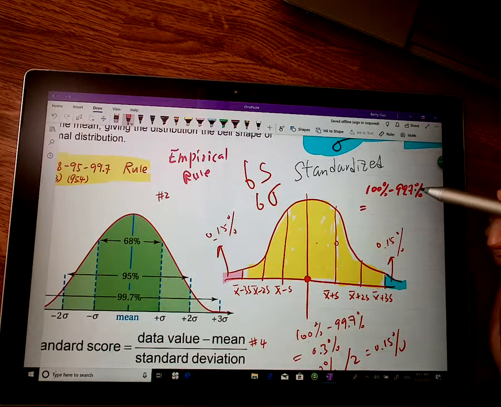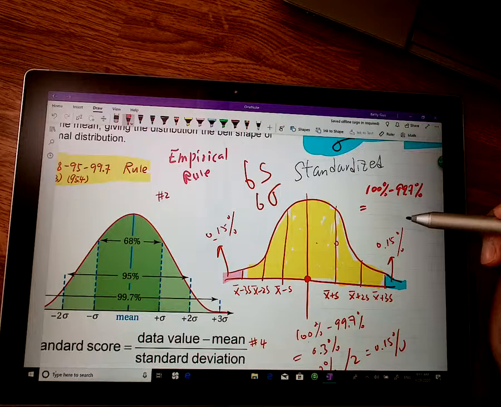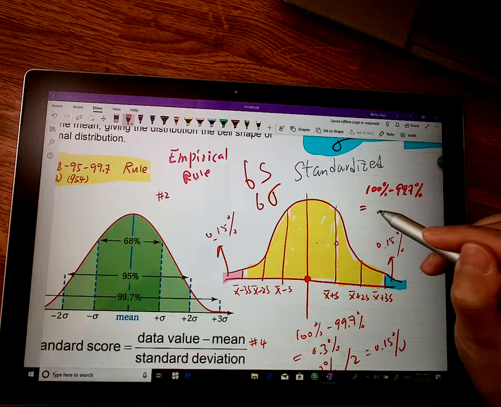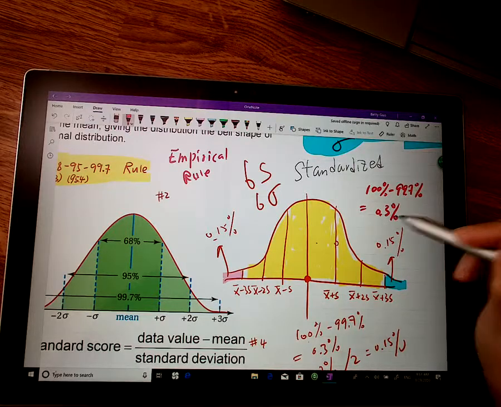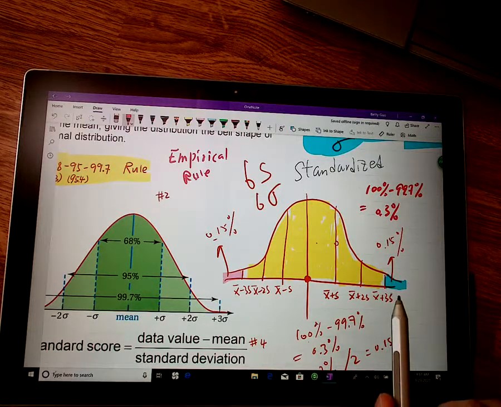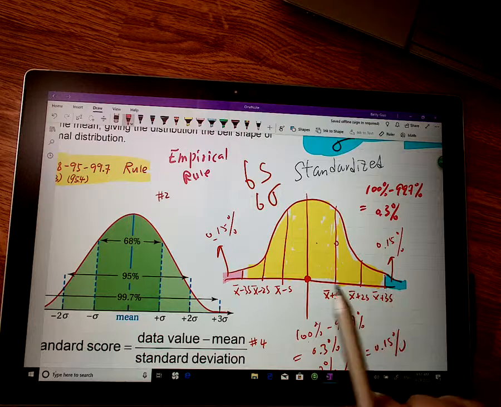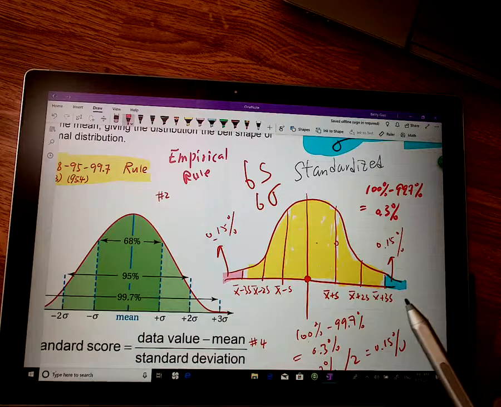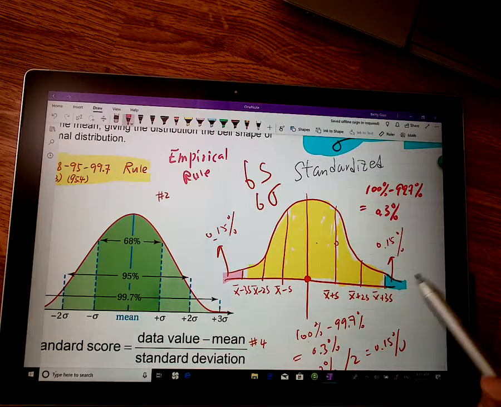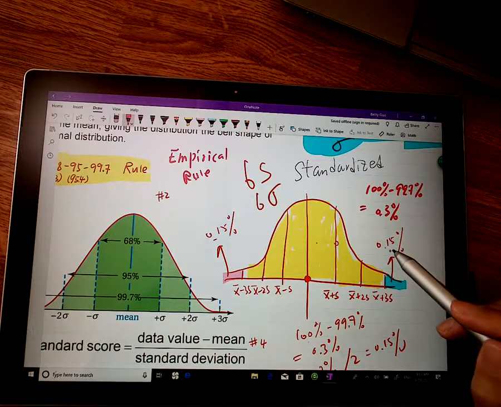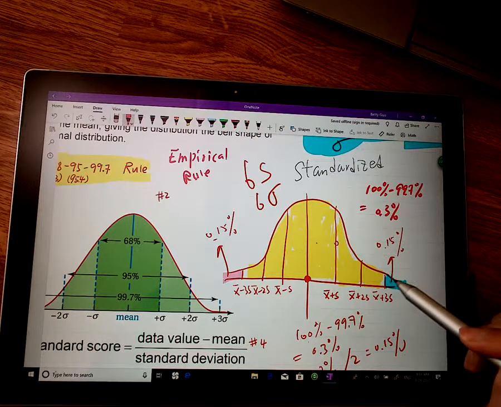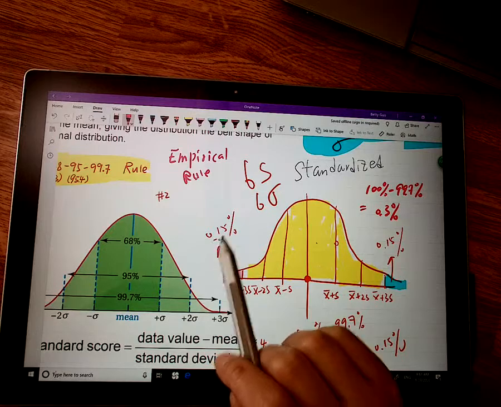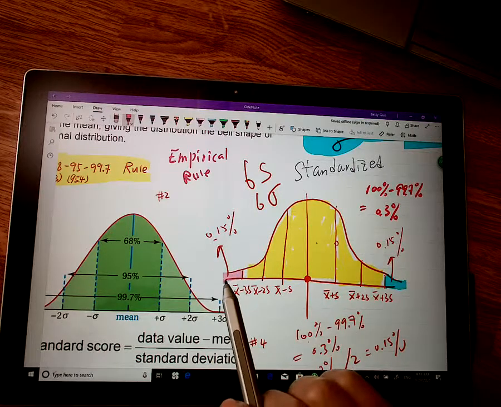We know 99.7% fall within 3 standard deviations away from the mean, and it means only 0.3% outside the 3 standard deviations. Because the normal distribution is symmetric, we have about 0.15% in the right tail, and another 0.15% in the left tail.